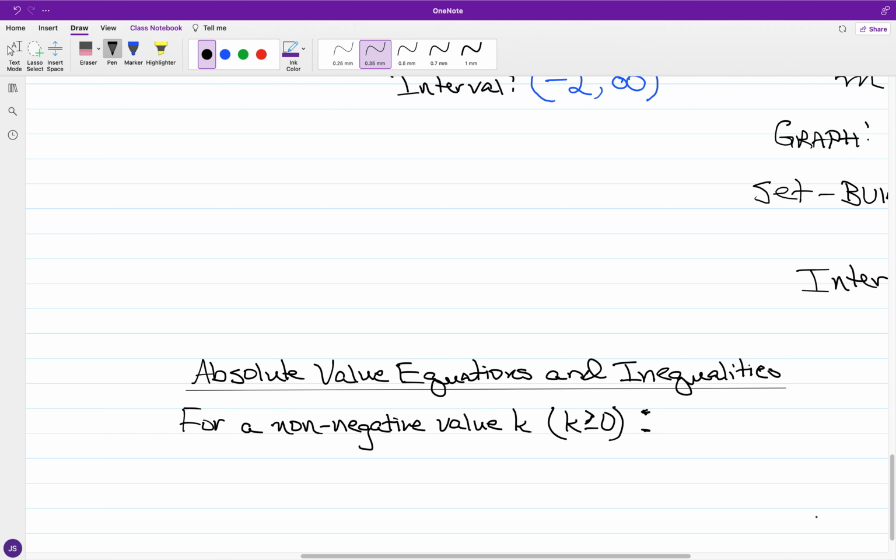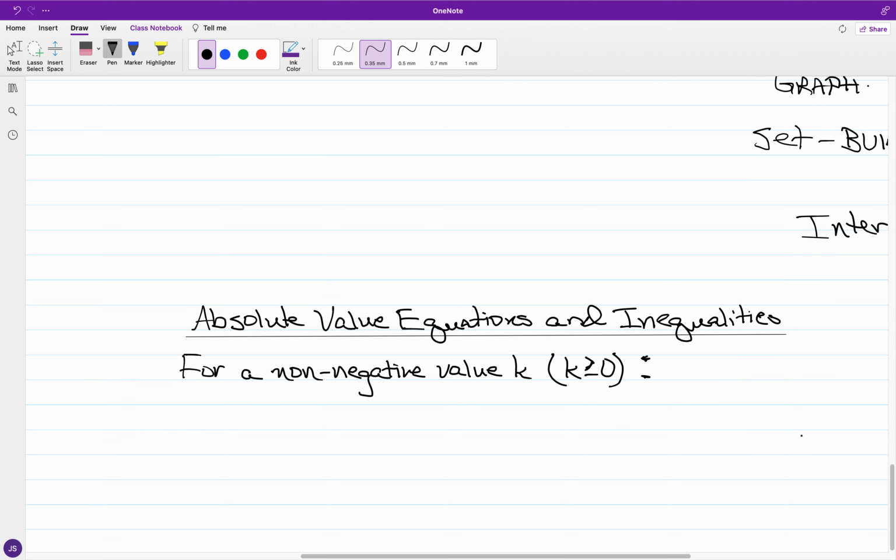Going back to what we had with equations, if the absolute value of x is equal to k, like if k happened to be 7, the numbers with an absolute value of 7 will be those numbers that are 7 units away from 0 on a number line, which would be positive as well as negative 7.